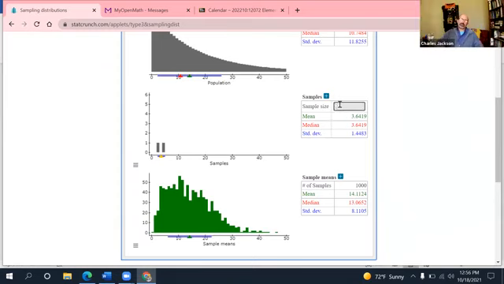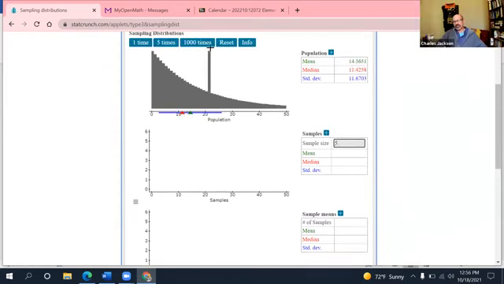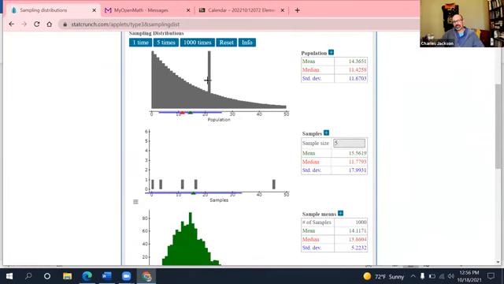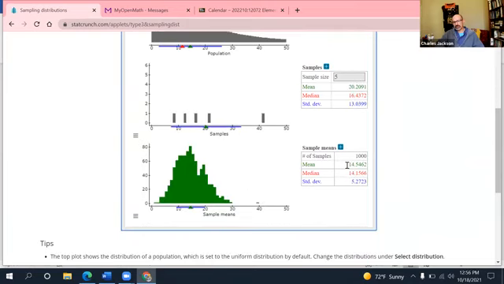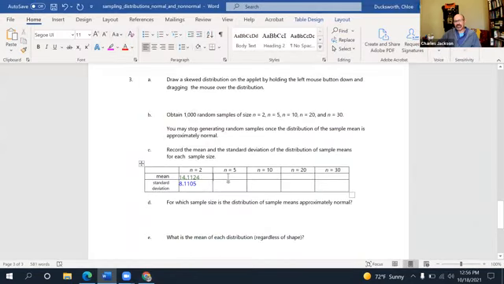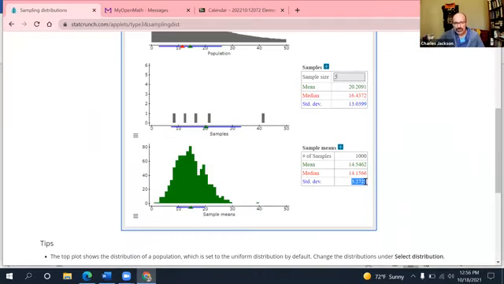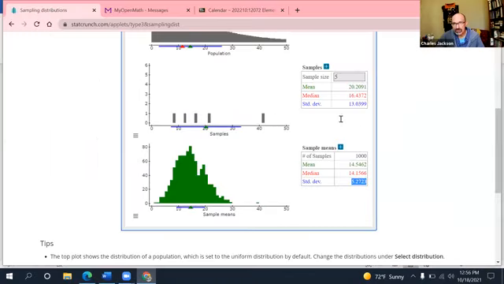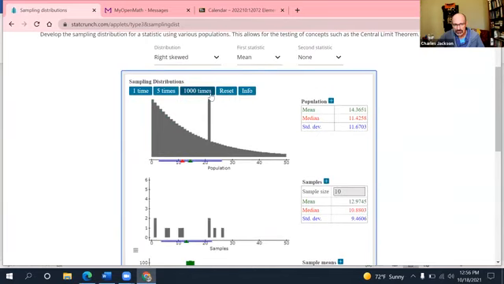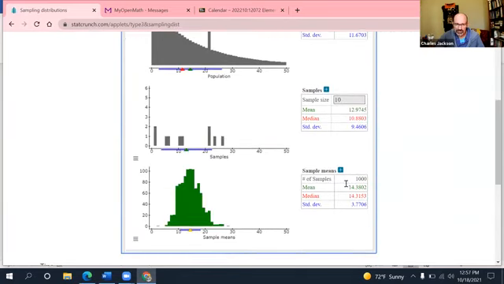Well, I mean, the shape can change, right? So it starts out one way, but then some things change, some things stay the same as the sample size increases. I mean, you're taking 1,000 randomly chosen samples of size 5, 1,000 randomly chosen samples of size 10, 20.